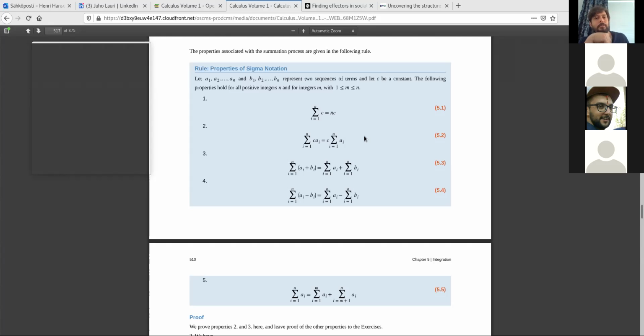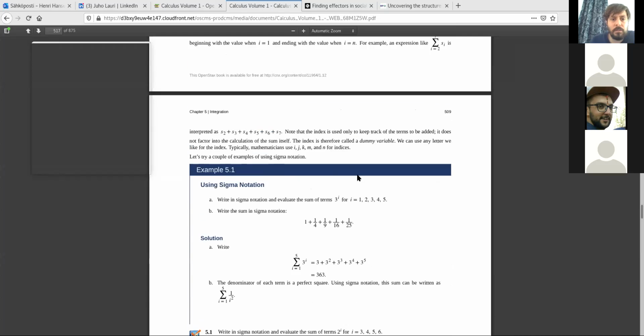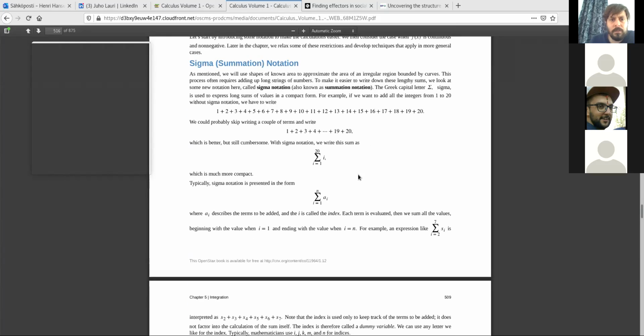When you are adding stuff together, you have an index I ranging from 1 to n, and then you add something that depends on I. Sorry, this wasn't defined very well here. So this is the definition.